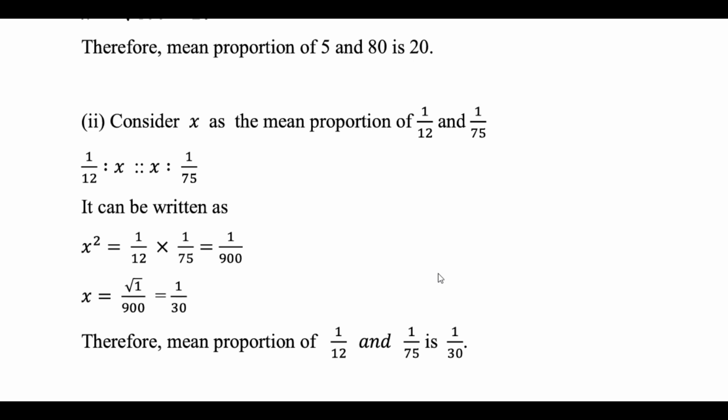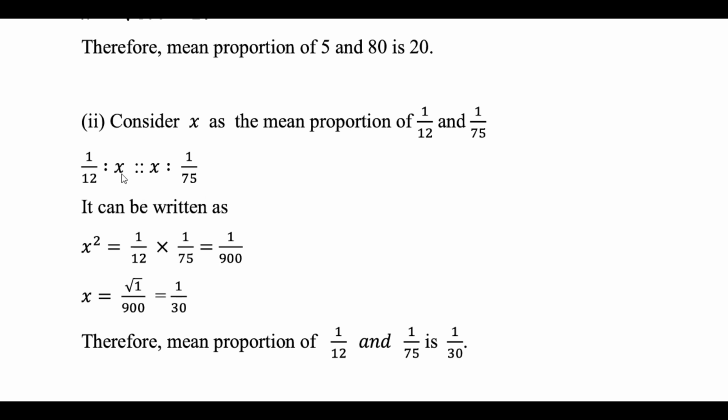Come to the next problem. Consider x as the mean proportion of 1 by 12 and 1 by 75. Always you can take x as the mean proportion. After that, write it this way: 1 by 12 is to x as x is to 1 by 75.